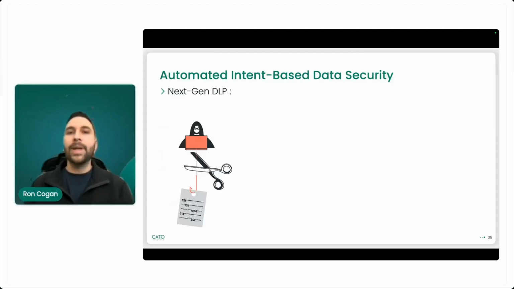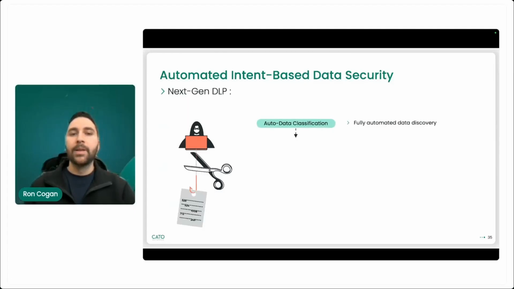Now I'm going to share the plan and the steps we are going to take, and what the next generation of DLP looks like. First of all, it would be automatic. It would be hands-free, meaning that whenever you onboard to the next generation of DLP, you get automated data classification so you understand where your data is and what type of data you have, so you'll know better how to fine-tune your policies.